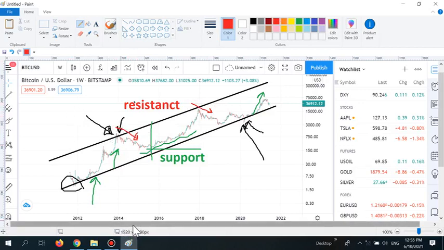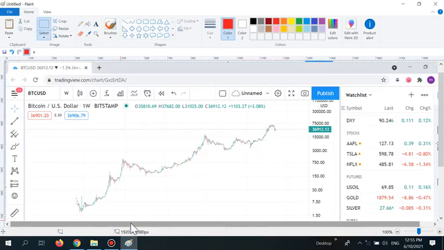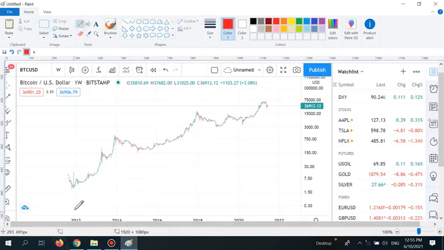Imagine that you buy, let's say here, right? I might put it in the green color. I intentionally deleted these two, support and resistance, because I want to show you something else.